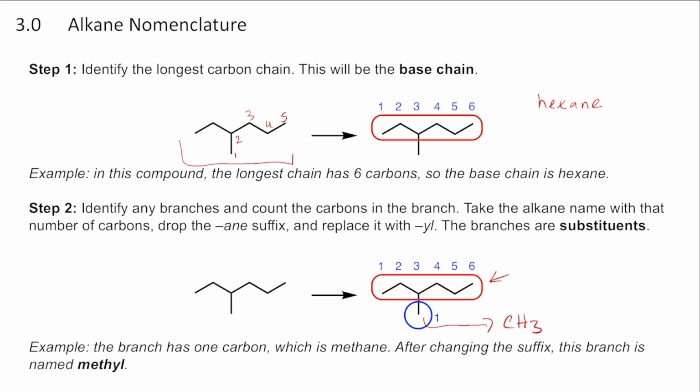So this branch has 1 carbon in it, and one carbon chain is called methane. So what we do if it's a branch off of the main chain, we change its name by dropping the ANE and adding YL. So methane will lose its ANE and be changed to methyl. So a branch is just the name of the alkane ending in YL. So we call that methyl.